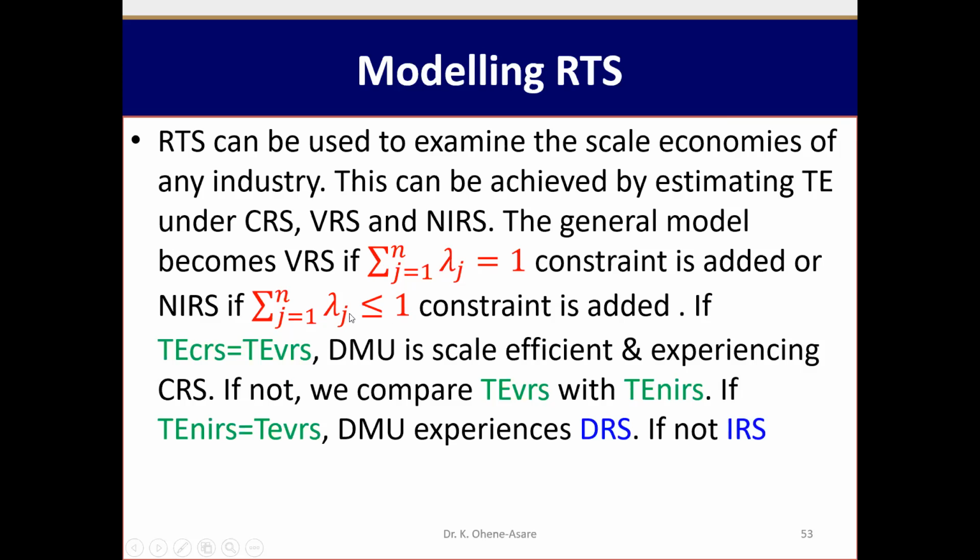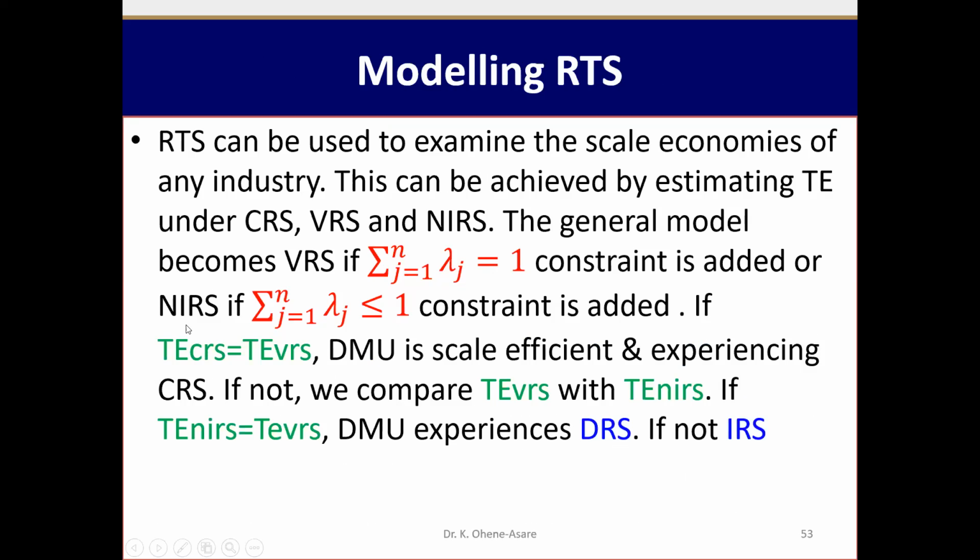This one is a very simple thing. When we come to the calculation, it's just a matter of clicking and telling the command to change. So if you add the NIRS constraint instead of the VRS, you will now have this non-increasing returns to scale constraint. And what's going to happen is that you can now determine the scale efficiency of all the firms.